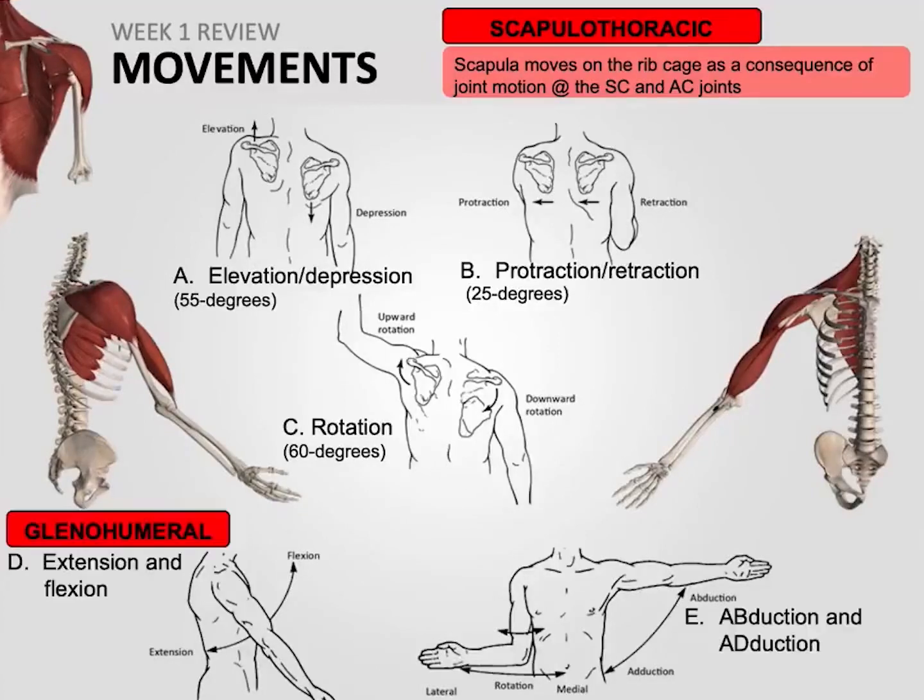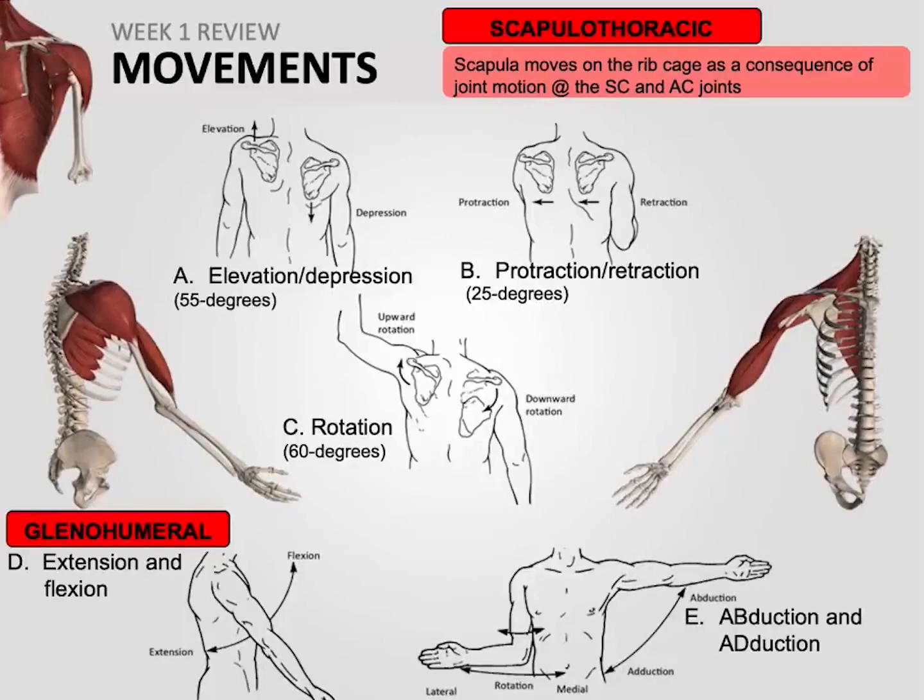If we're then thinking specifically at the movements occurring at the glenohumeral joint, we know that the shoulder is capable of a combination of swing and spin over a range that's far wider than any other joint in the body. Specifically, flexion, extension, abduction, adduction, medial and lateral rotation will occur at the shoulder joint.